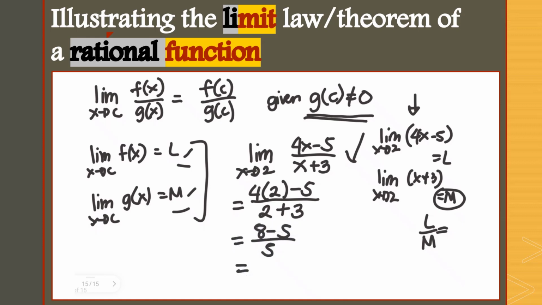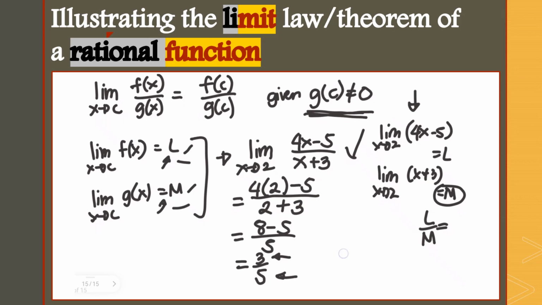So you will have 3/5. This is now the limit of this given item without even going through the L and M ideas, because this is L and this is M, but we don't know the values of those at first. So we just automatically use the substitution, again, given that g of c is not equal to 0.